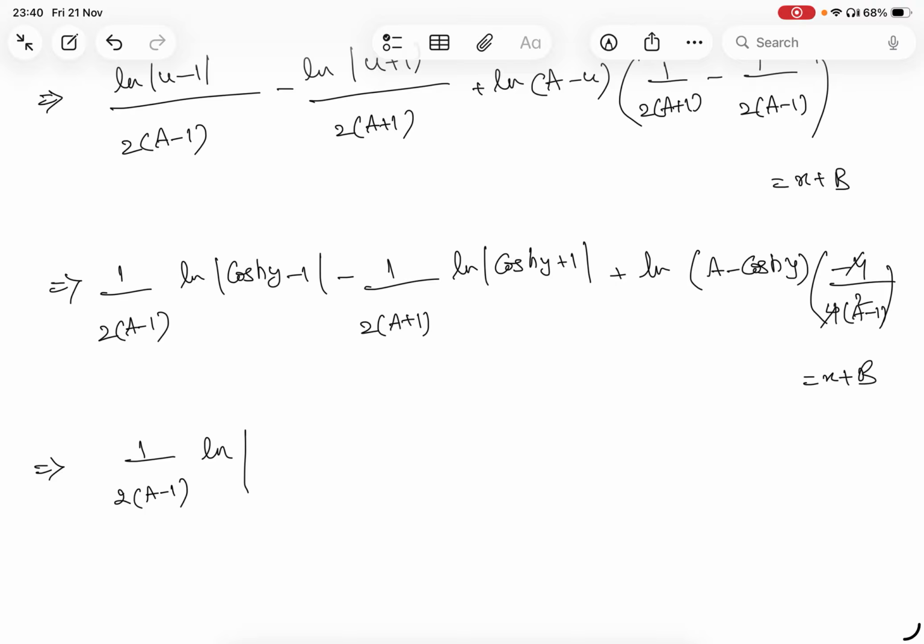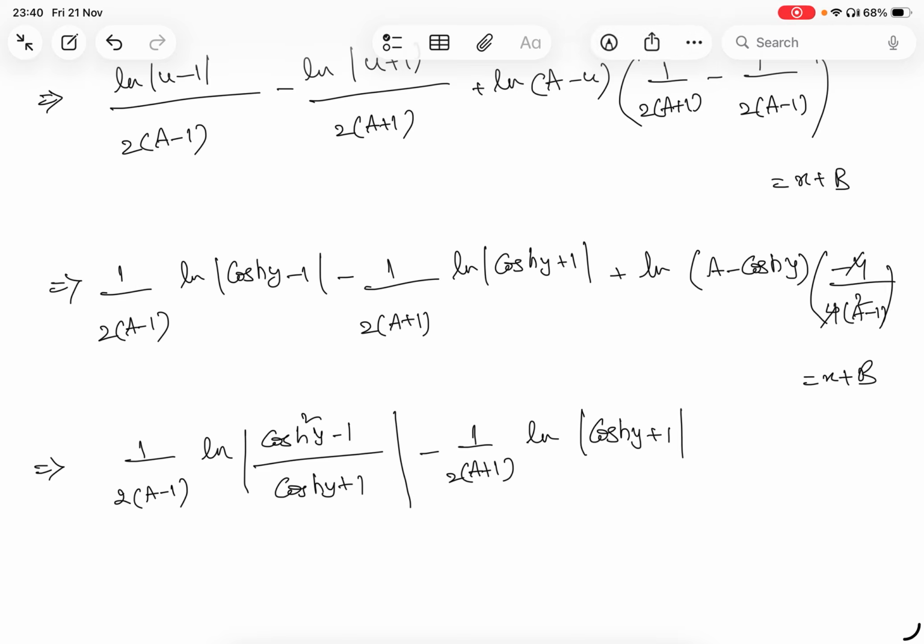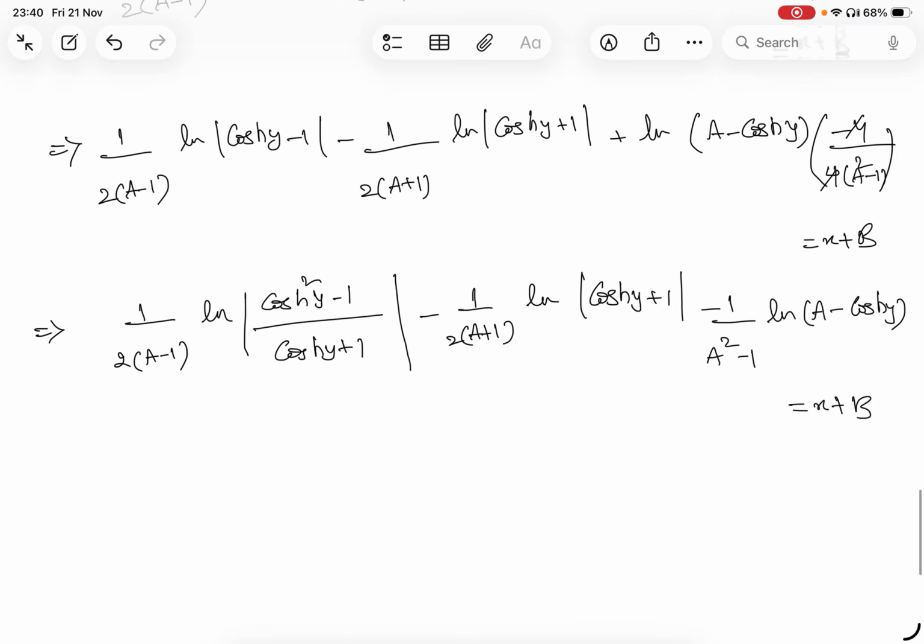If you multiply and divide with cos hy plus 1, then this becomes cos h²y minus 1 by cos hy plus 1. Fine. This will minus 1 by 2 into a plus 1 into ln of mod cos hy plus 1, right? Then this is minus 1 by a square minus 1 into ln of a minus cos hy is equal to x plus b. Fine.